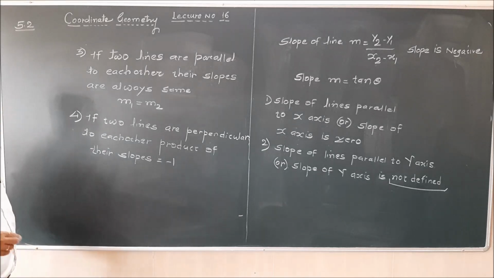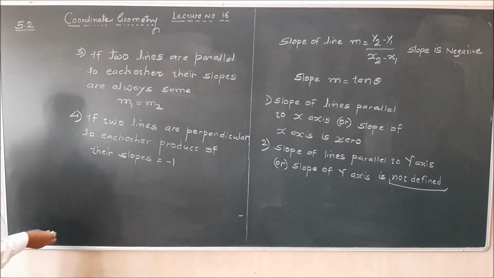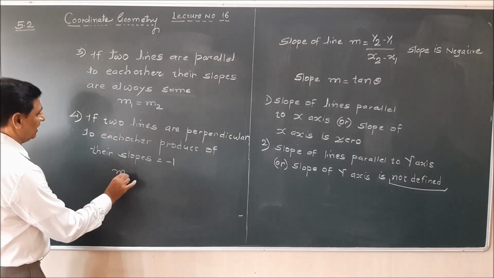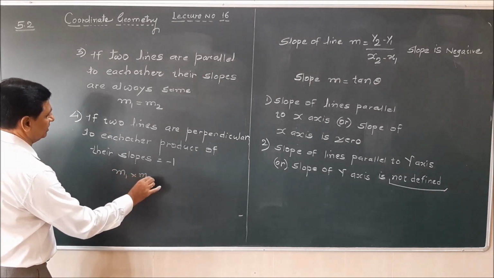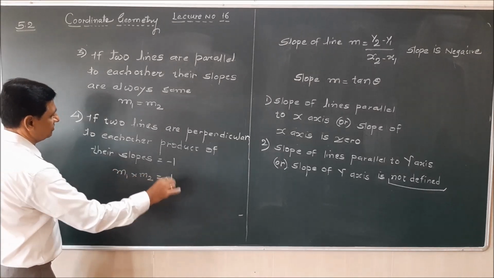Supposing m1 and m2 are the slopes of 2 lines, then m1 into m2 is equal to -1.